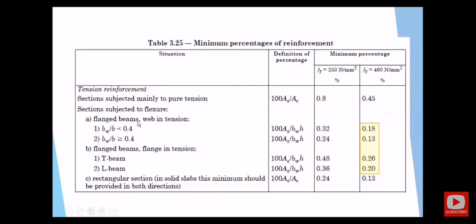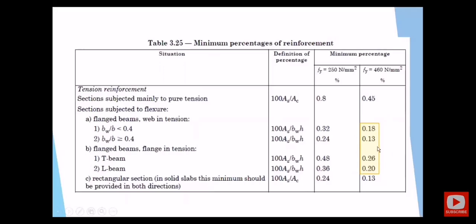If it is a flanged beam and the web is in tension, it depends on B web divided by B. If it is less than 0.4 or greater than or equal to 0.4, you have a value of 0.18% or 0.13%. For flanged beams with the flange in tension, it is like a rectangular beam, but the flange is in tension, so it will be designed as a rectangular section. So for T beam and L beam, you have here also some values.